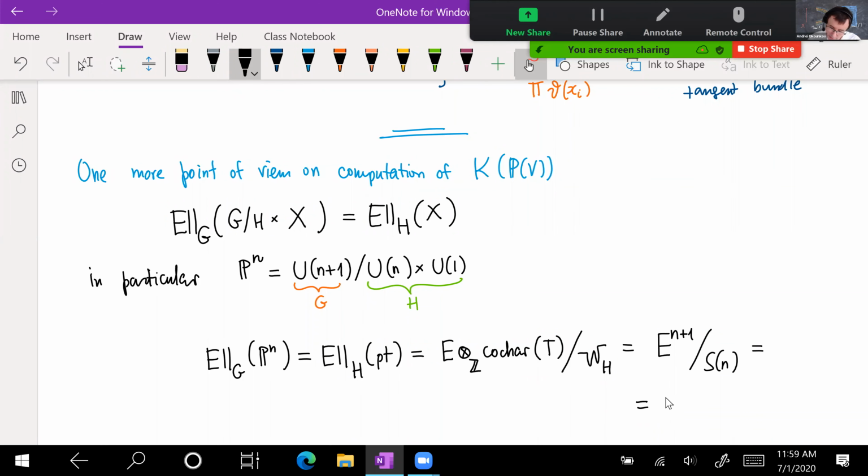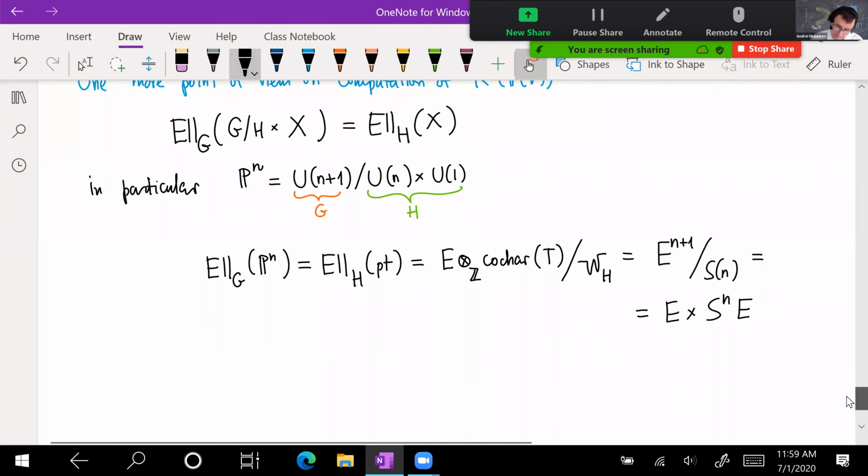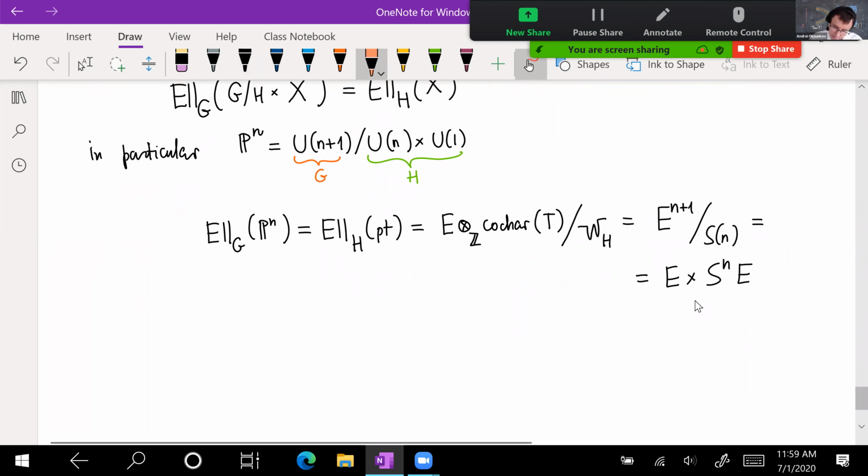So this is going to be E cross Sn of E. And this has the natural map down to S(n+1) of E.